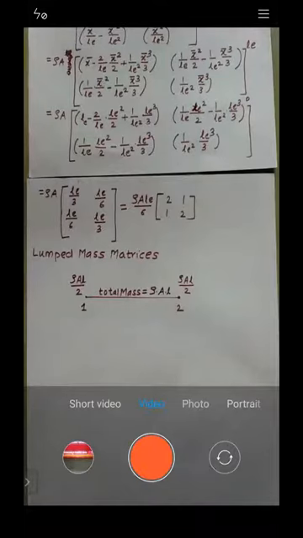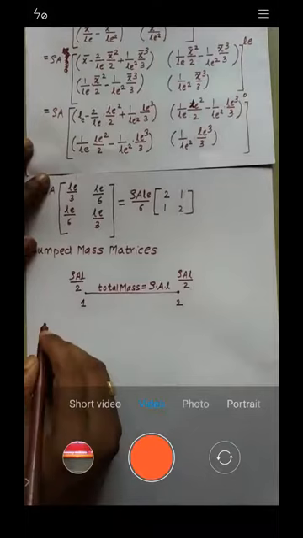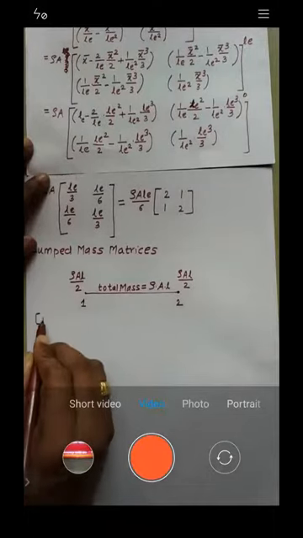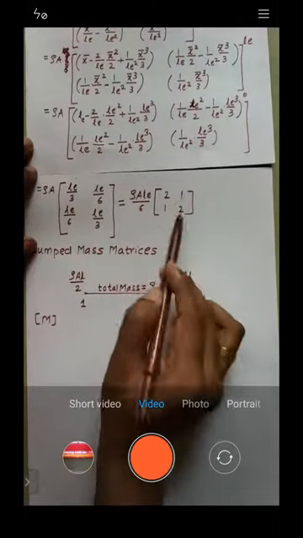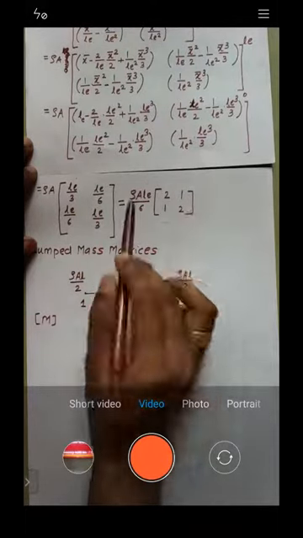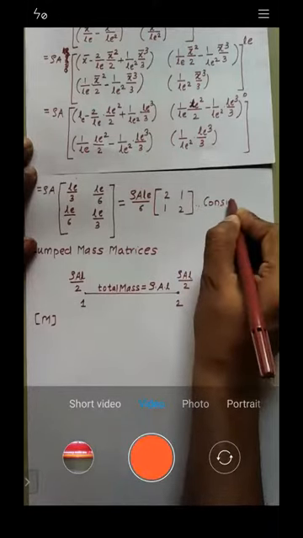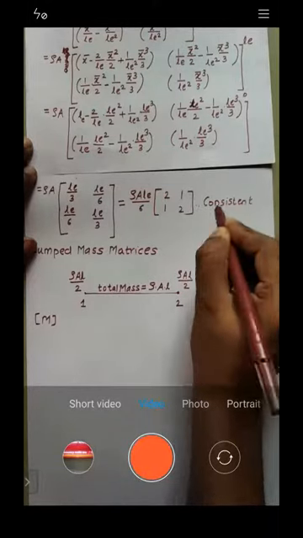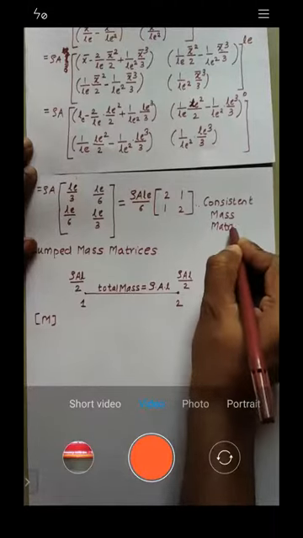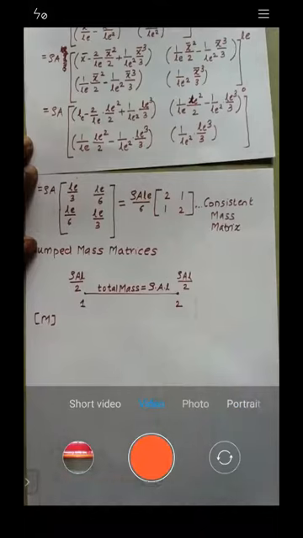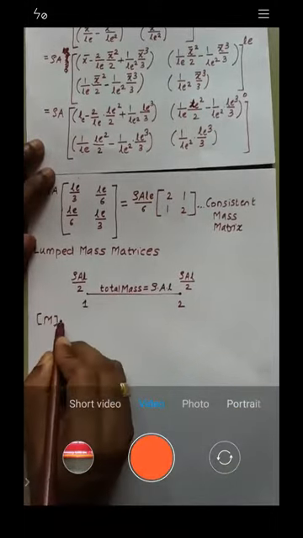Now, if you need to write down the matrix for that, this is the consistent mass matrix. And this is the mass matrix for the lump system.